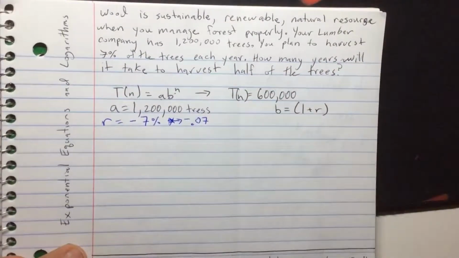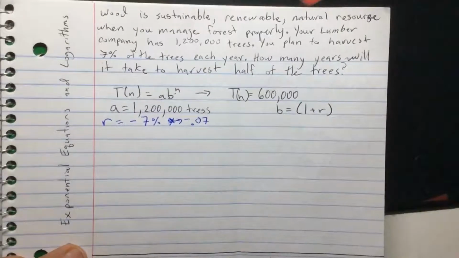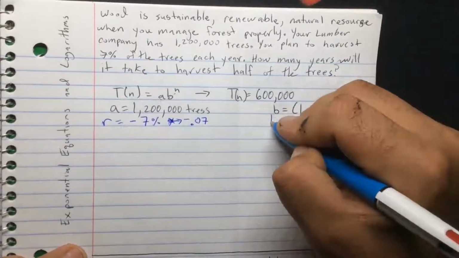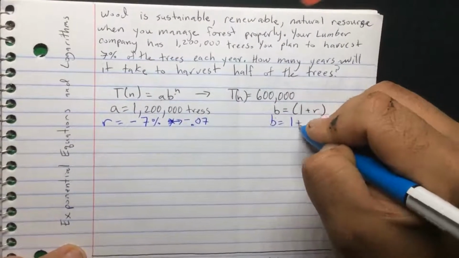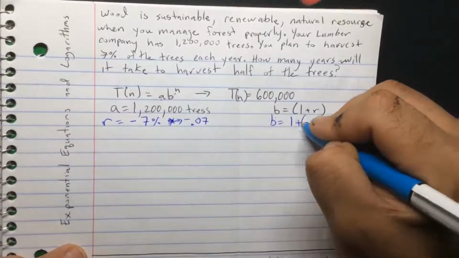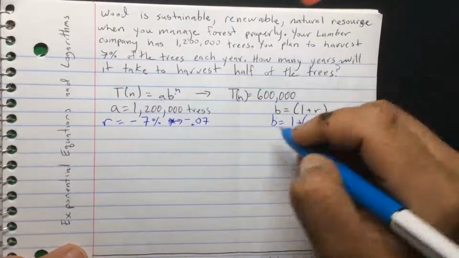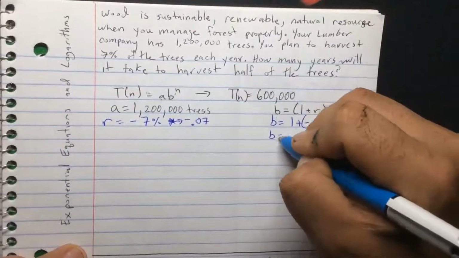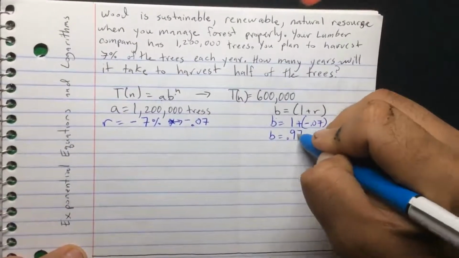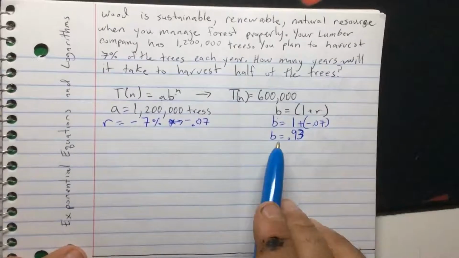So that means our B is going to be equal to 1 plus negative 0.07, which gives us 0.93.